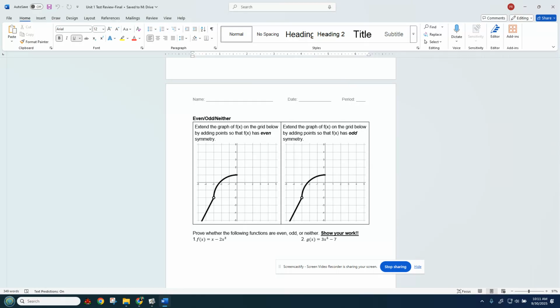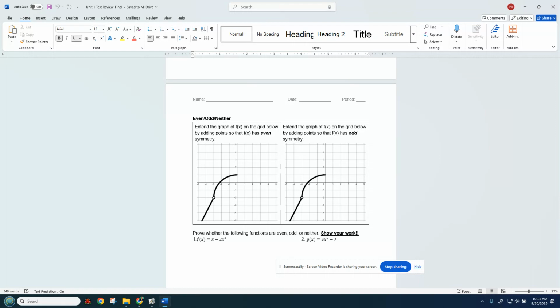Okay, odd functions say, so the coordinate (0, 1) is on this, so (0, -1) should be on it. You can also pick it up and turn it upside down.